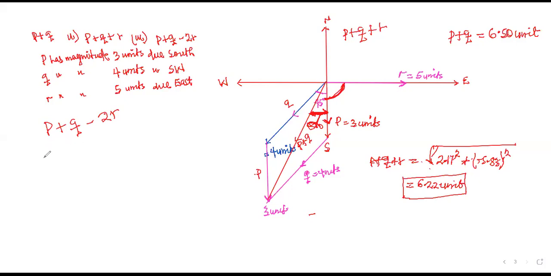We need P is 0, -3, Q is minus 2.83, another minus 2.83. Then minus 2 times R. R is 5, 0.